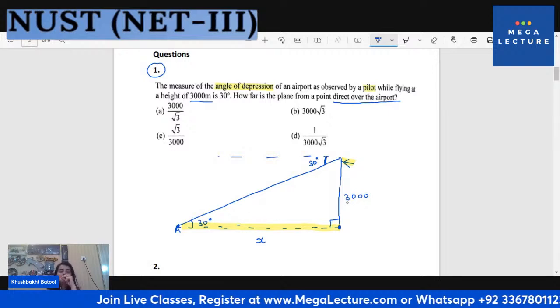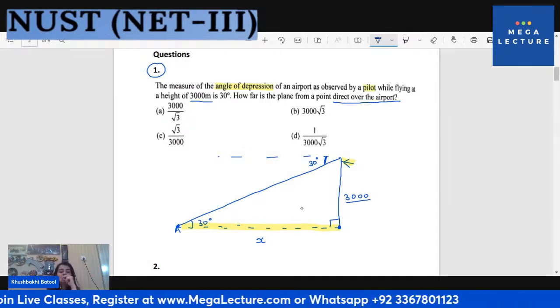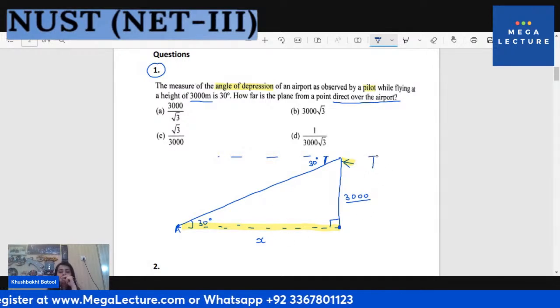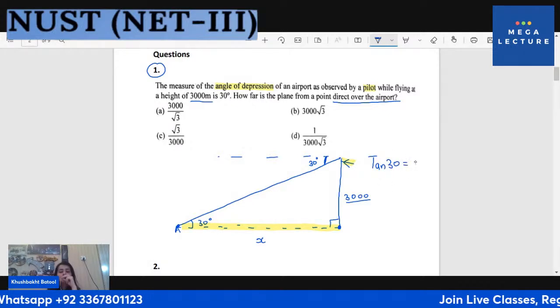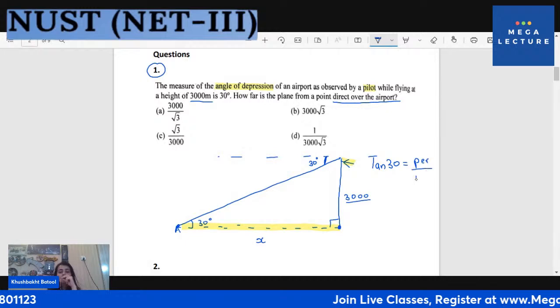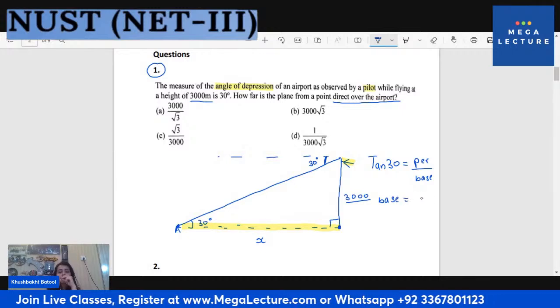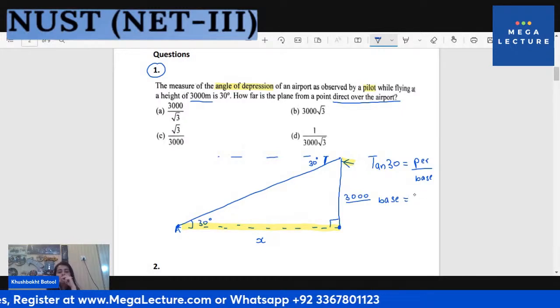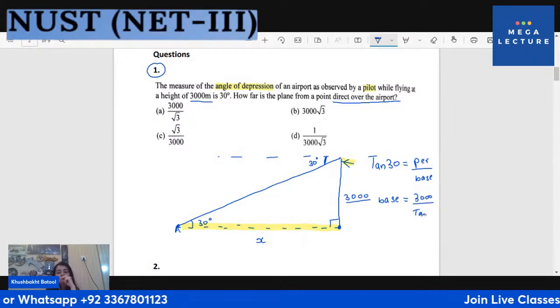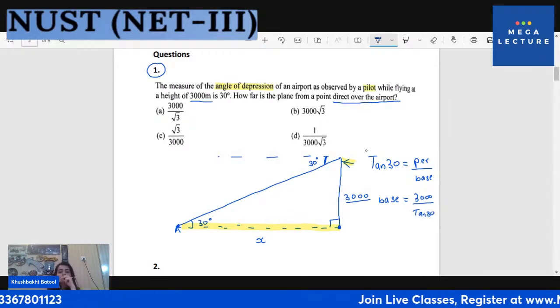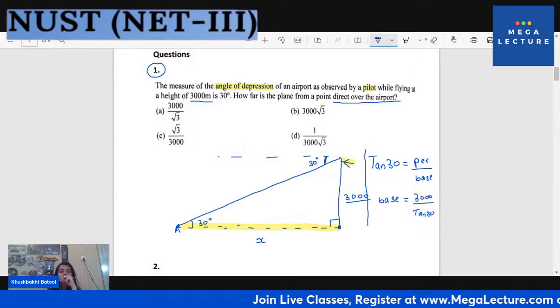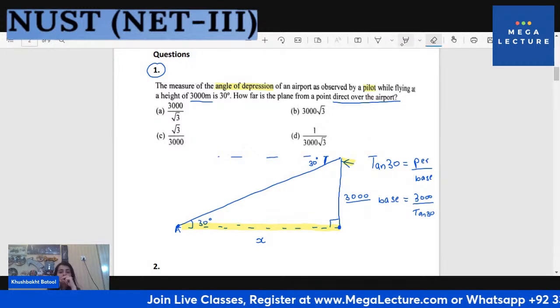We have the perpendicular side, and you need to find the base side. So what is the formula? We use tan theta equals perpendicular over base. Base needs to be calculated, so it would become the perpendicular side, that is 3000, divided by tan 30. Now guys, you are solving this question without a calculator. Calculator is not allowed in your exam.